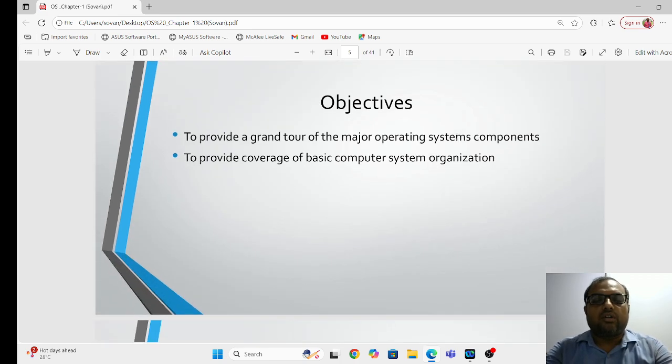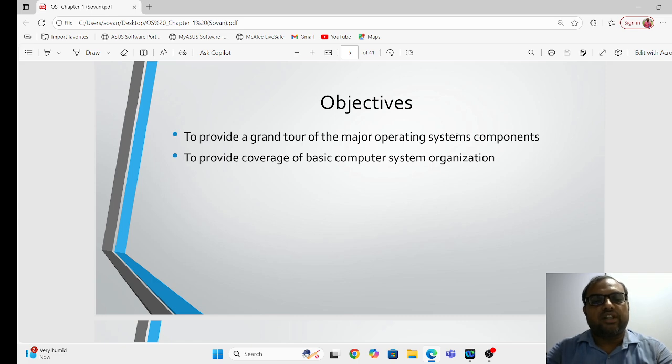Now, the objective of operating systems: this is the basic, fundamental and required core course of computer science and engineering disciplines. It is also an interesting subject, and in your GATE exam, the maximum questions will come from operating systems also.